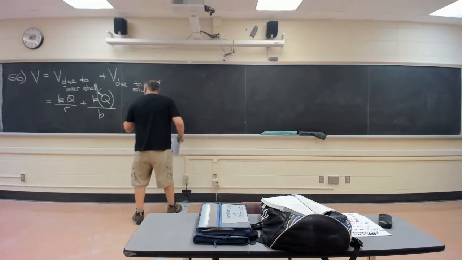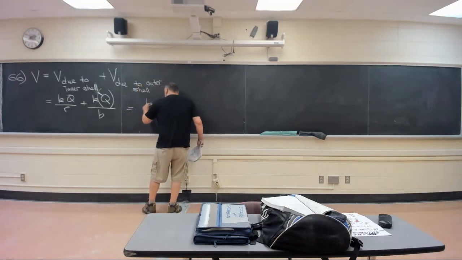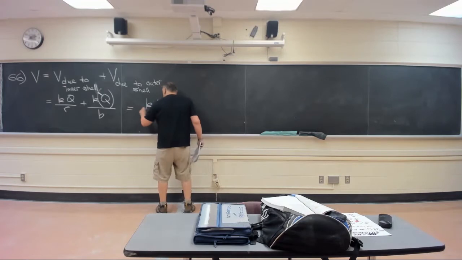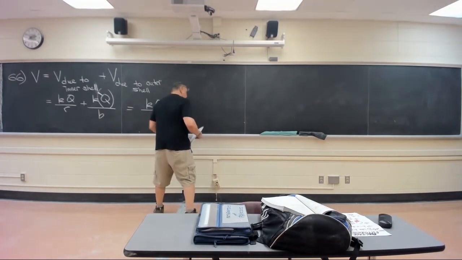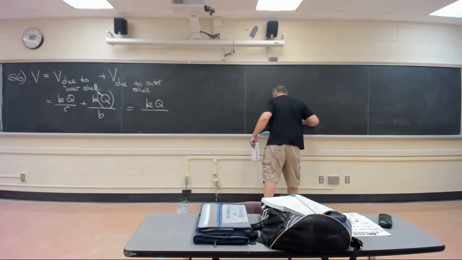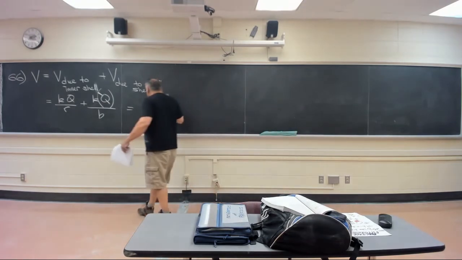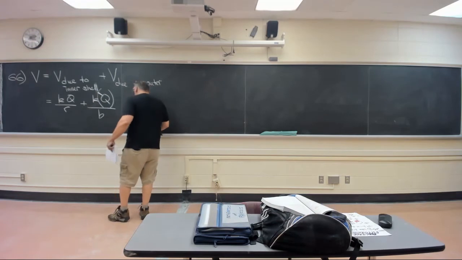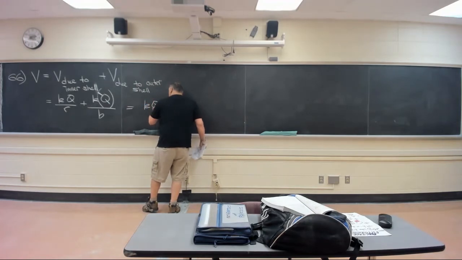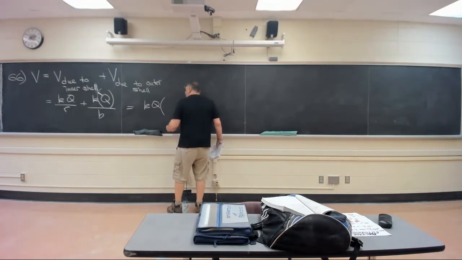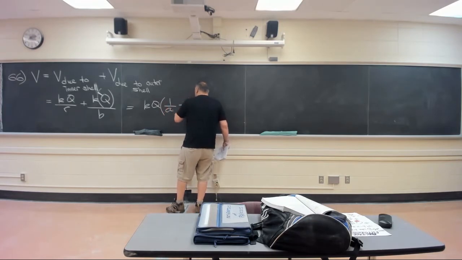That comes out to one over R minus 1 over B. The R happens to be equal to A, the radius of the smaller sphere.